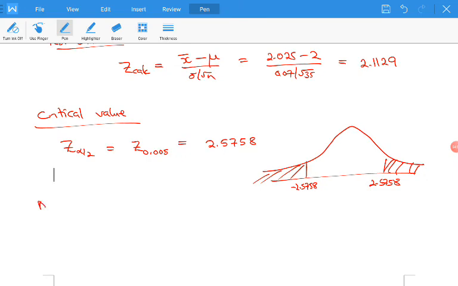So the decision rule is that we reject H naught if the absolute value of z calc is greater than 2.5758.